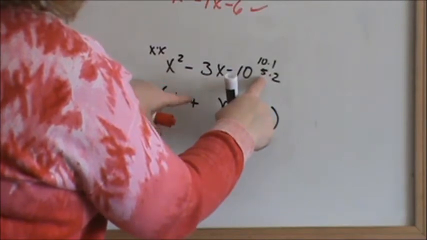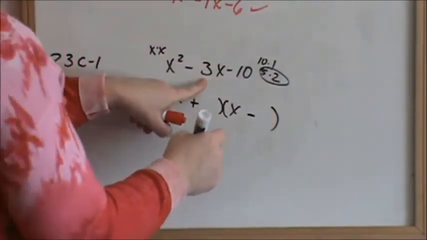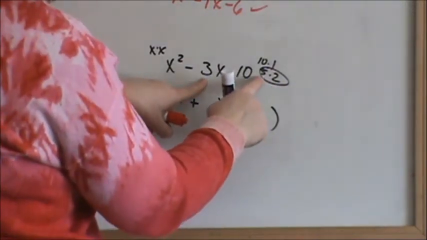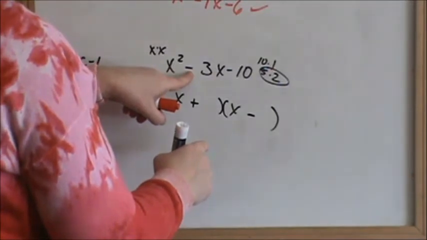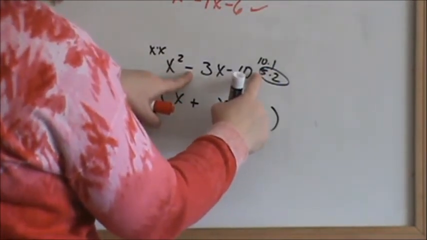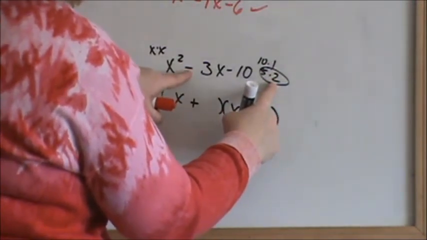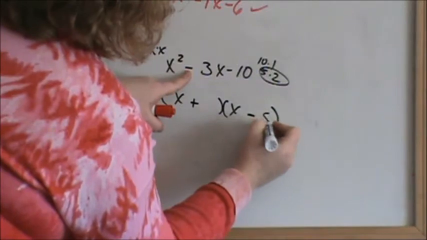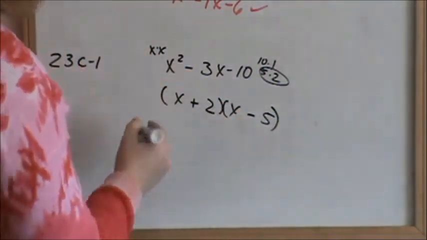The factors that subtract out to give you a 3 is 5 and 2. 5 minus 2 is 3. I want my final answer to come out negative, which means my larger factor has to take on the negative sign. A negative 5 and a positive 2 will give me a negative 3. So my 5 needs to go with the negative sign, and my 2 goes with the positive.